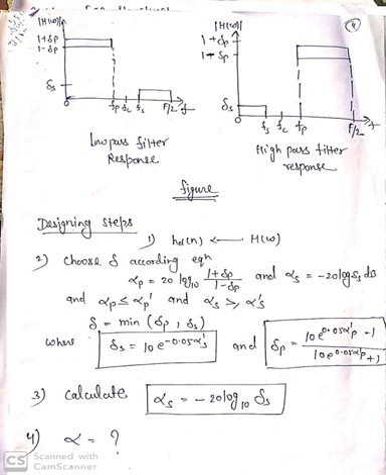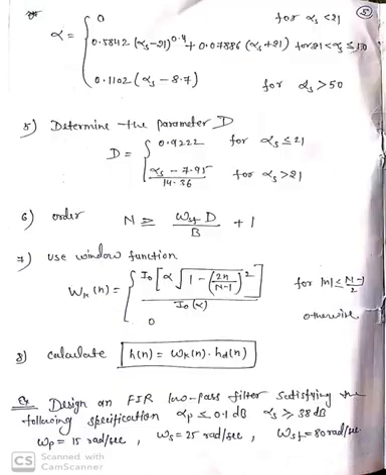And next step, calculate alpha s, the stop band attenuation, which equals minus 20 log10 del s. And what about alpha? You can choose alpha after calculating alpha s.